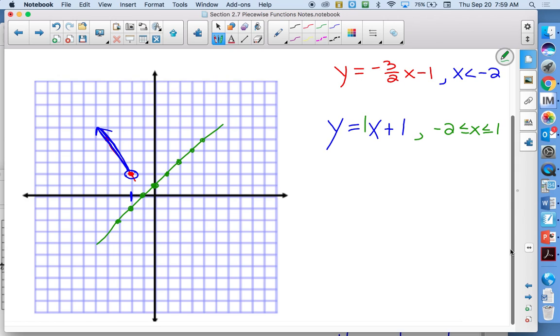Now we're looking at the x from negative 2 to positive 1. Just like we did before, you go to where x is negative 2 and match that up with the new line, and it says less than or equal to, so it's allowed to be that point. Then we go to where x is 1 and match that up with your line. It says less than or equal to, so we also have that as a point.